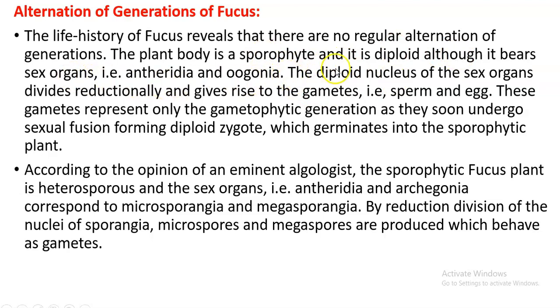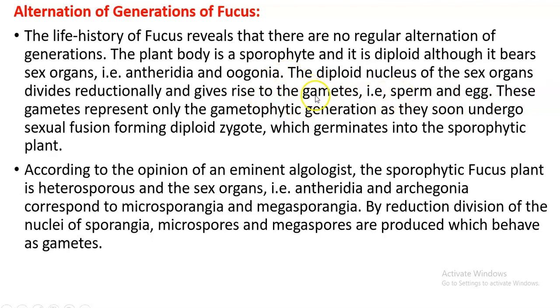Normally in other algae we see that the gametophyte will be releasing the gametes. Here the sporophyte will be releasing the gametes from the antheridia and oogonia, and these particular gametes are the gametophytic generation. You know that it is so small, right? Male gamete, the sperm, and female gamete, that is egg. These are released from the sex organs present in the sporophytic body.